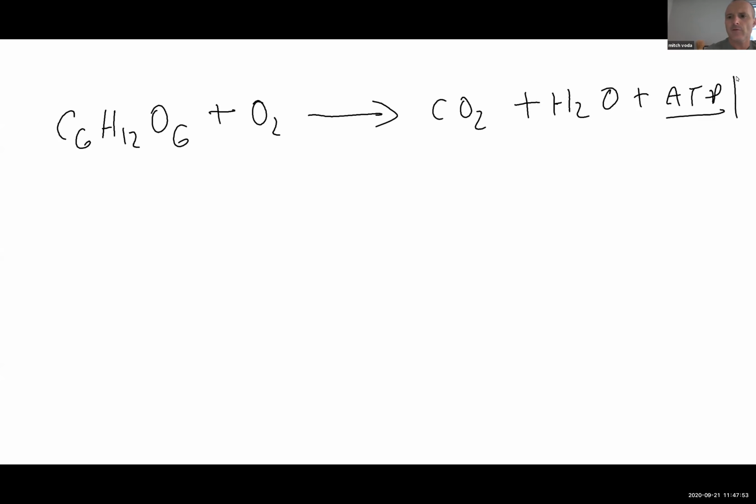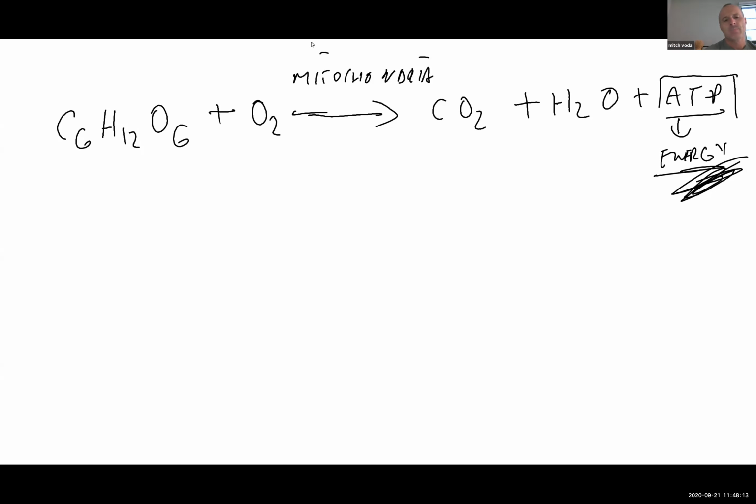ATP, as we learned last week, is the energy unit for the cell. This process takes place in mitochondria. Now, if you notice here, glucose, oxygen, carbon dioxide, and water.